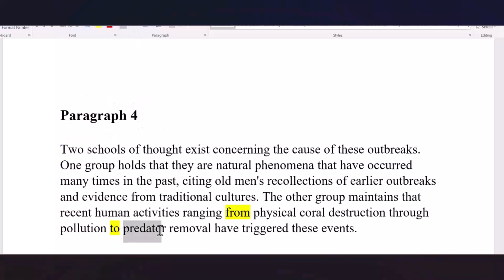This passage has interesting words to pay more attention to in terms of pronunciation. The first one is predator.